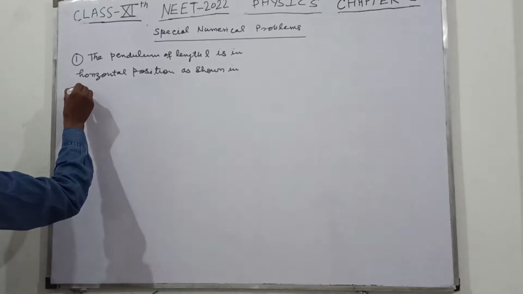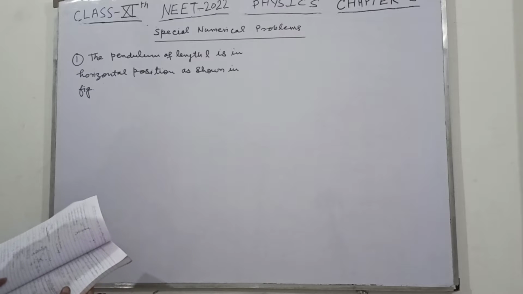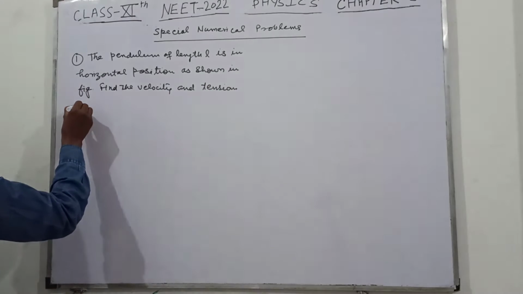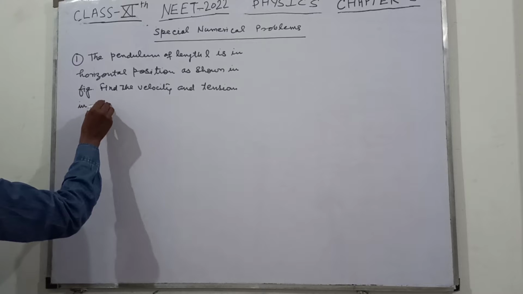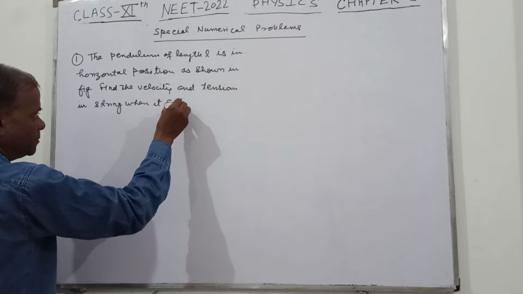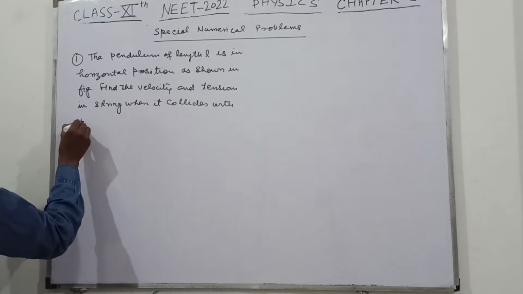Find the velocity and tension in the string when it collides with the vertical wall.